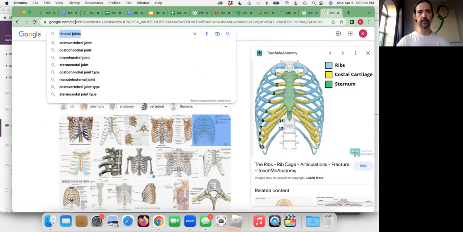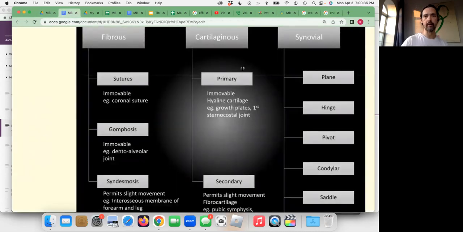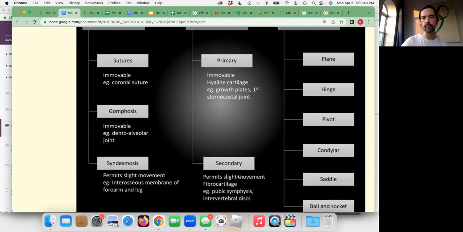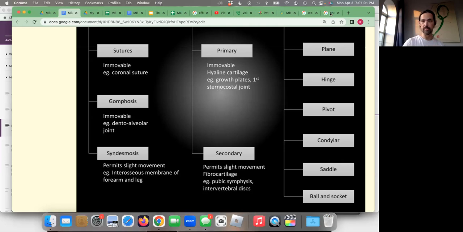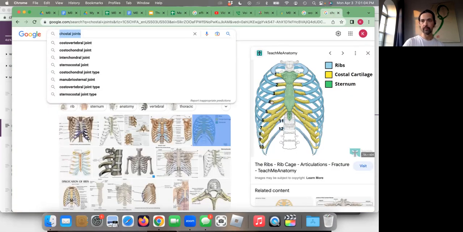So those are the primary amphiarthrotic joints, also called cartilaginous joints. And then the secondary ones also permit slight movement. By the way, it says it's immovable hyaline cartilage, for example, growth plates, first sternocostal joints. I don't agree with that. I think all the sternocostal joints and the costocartilage joints, the joints between the ribs and the costal cartilage, both of these joints on either side of the costal cartilage permit some movement.